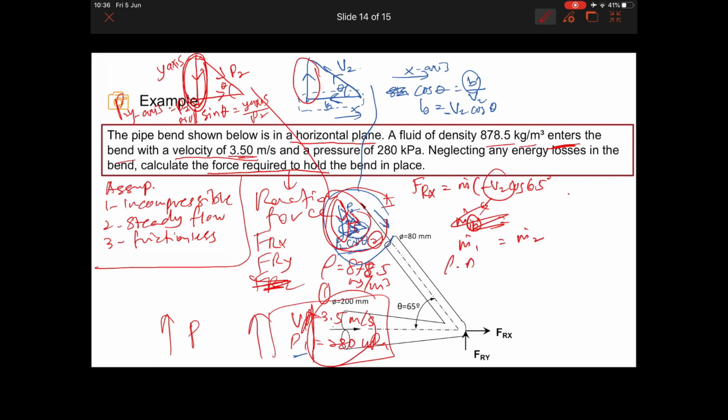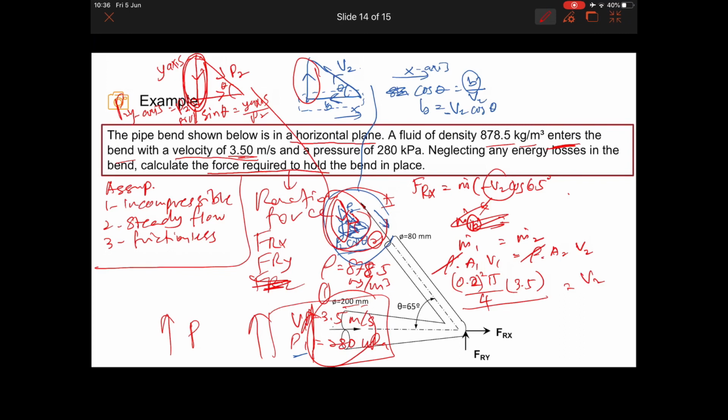Definitely rho A1 V1 equal to rho A2 V2. And because our flow is incompressible, density is constant, you take out the density. Then area 1 is from the 200 millimeter, so 0.2, times V1, velocity 1 is 3.5 meter per second, and then over A2, because you want to know V2.